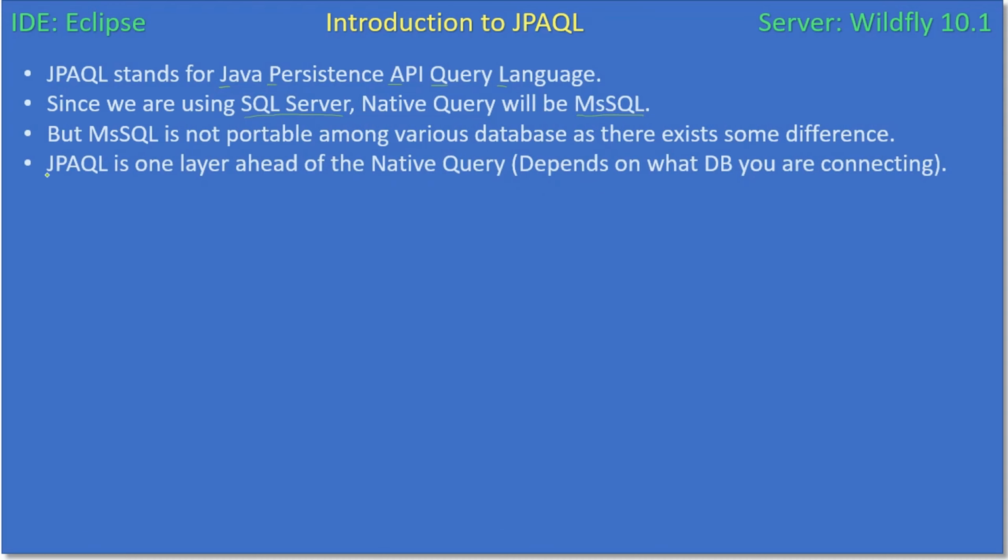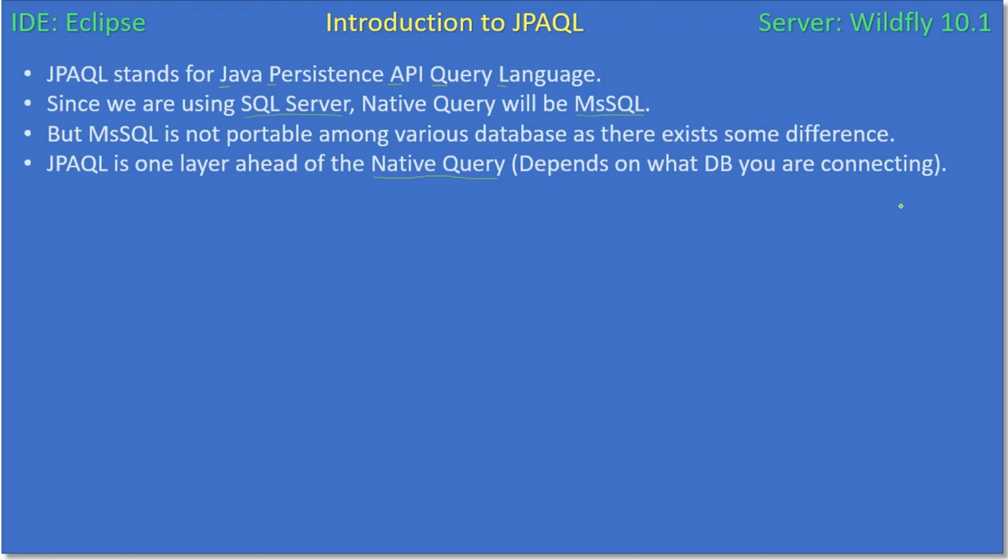So JPA-QL is one layer ahead of native query. Native query here refers to the underlying database language. It can be Microsoft SQL Server, or Oracle, or another famous database, and we call that a native query. JPA-QL is one layer ahead of the native query.